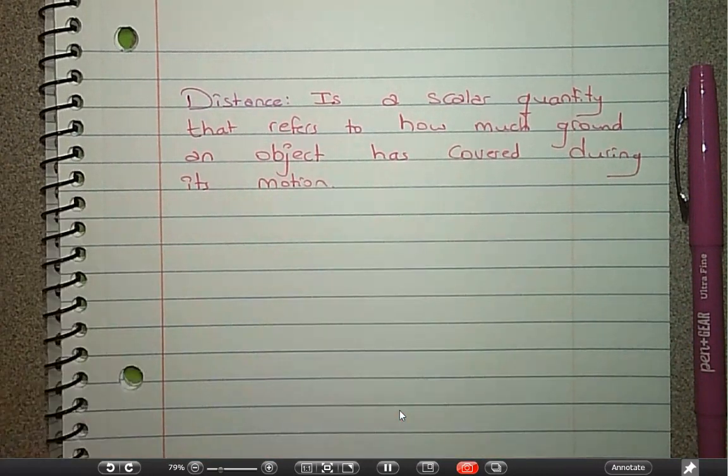Okay, so we're talking about how much it has covered during the motion.